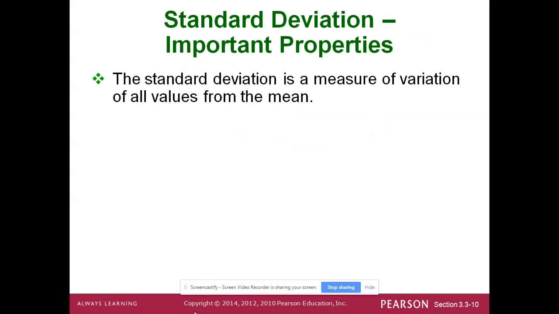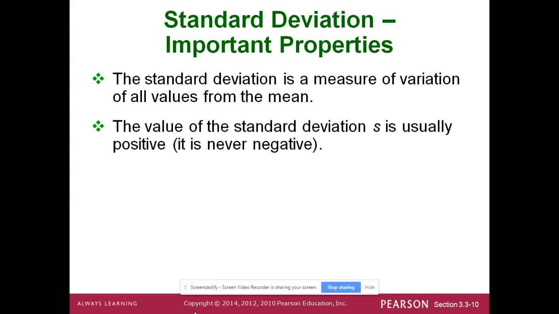Here are the important things about standard deviation that we've got to know. It's a measure of variation for all values from the mean. It's not the average of those things, but it's for all the values. The value of s is positive.